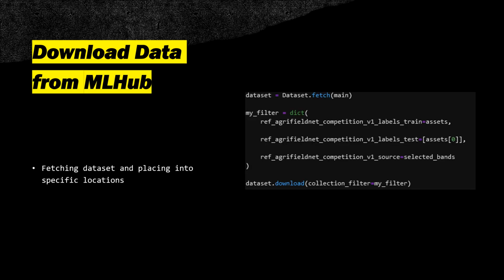And now that we made those parameters, we're going to fetch the data and put it in the desired locations that we just made. So there's a dictionary of the labels train, the labels test in the actual source itself, and then we'll download the actual data that we desire.